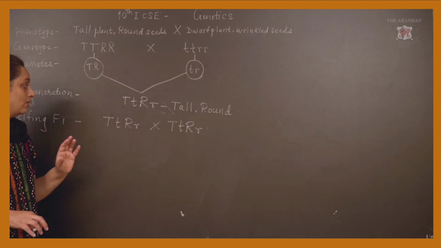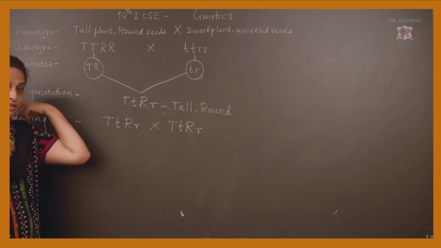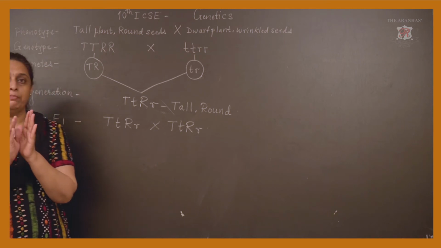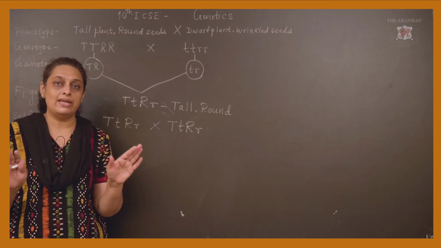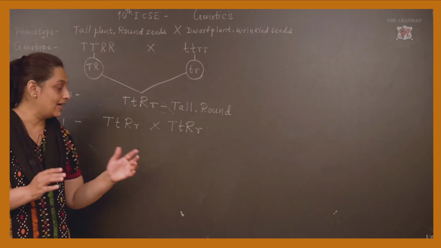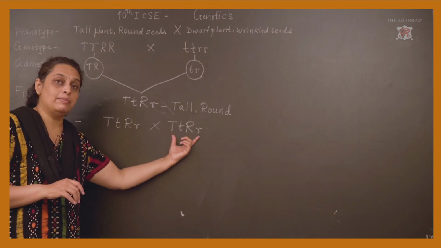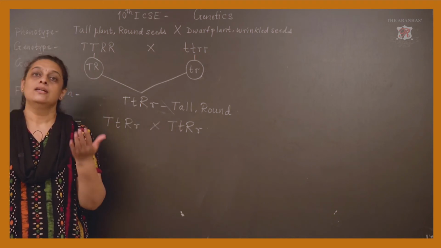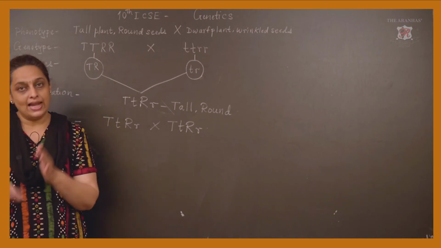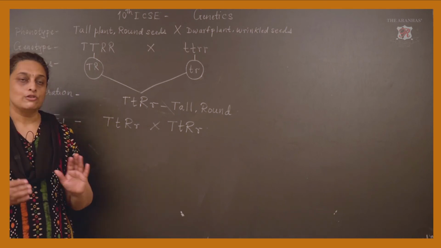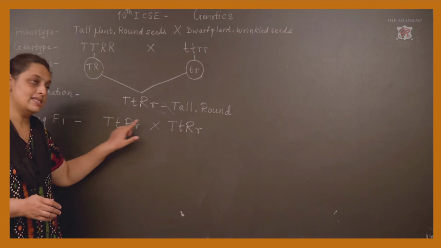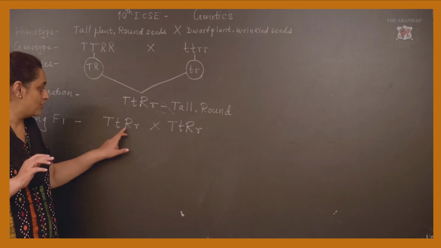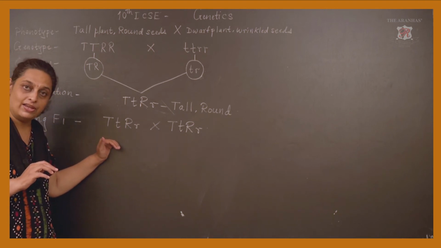Okay? Now we are selfing F1 generation. Selfing F1 generation means there will be only one parent, no two plants will be in selfing, which means that the same genotype will be repeated. As you have only one plant, your plant is male as well as female parent, agreed? So the genotype is the same in selfing F1 generation. So this is how I have written selfing F1 generation.